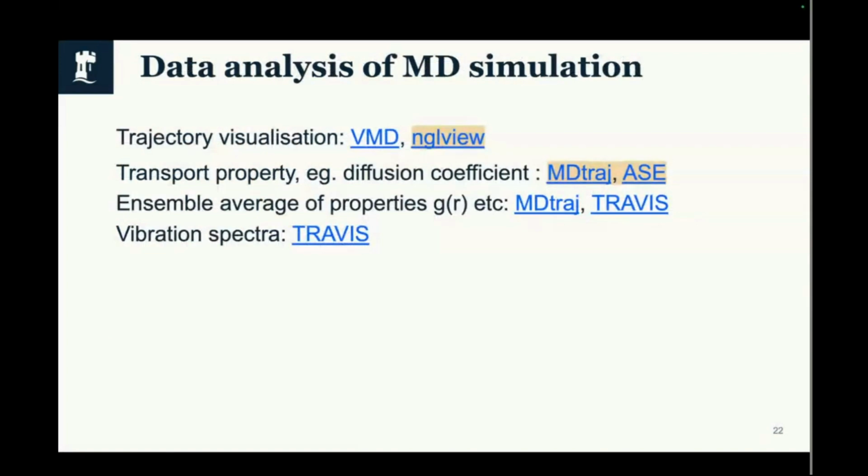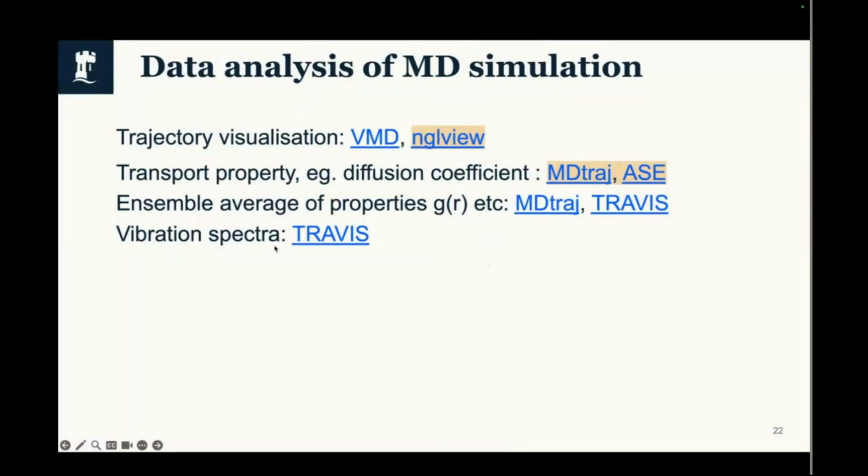Okay, so for analysis, there are a bunch of packages that are available for different purposes. If you want trajectory visualization, you can use VMD and GLView. For example, these highlighted ones are Python based, and MDTraj.